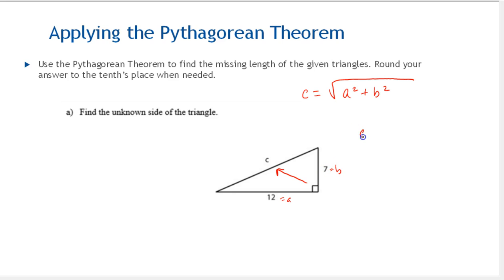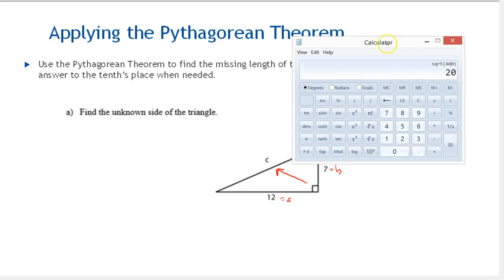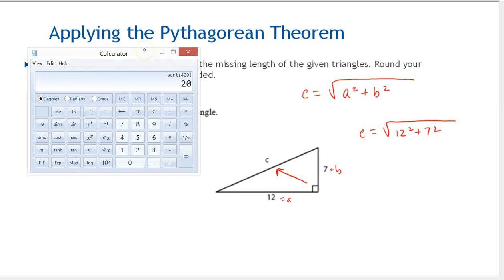So we want to find C. So 12 squared plus 7 squared. Now I'm going to put this into the calculator, and your calculator will do this in one nice step. This one that came with my computer isn't as fancy, but basically I want to take 12 squared. I want to add 7 squared.